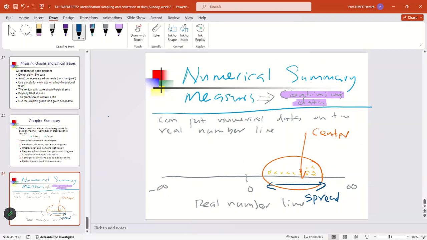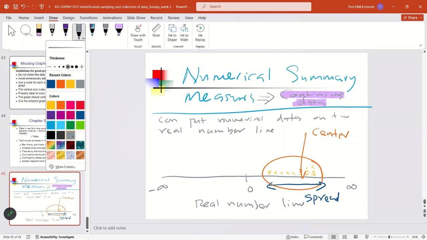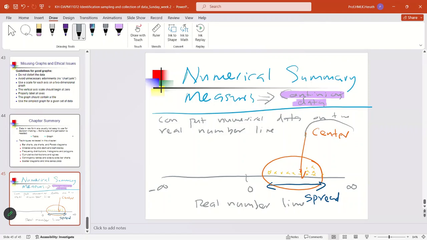So then we can describe a set of data by talking about the center and the spread. We can talk about the center and the spread to describe the whole set of data.